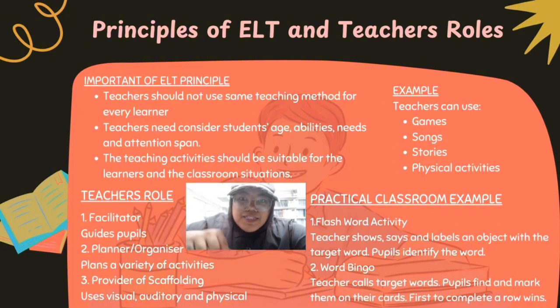Instead of making them sit and read for a long time, we can include games like songs, stories, or even physical activities to keep them interested. For me, this principle is important because every learner is different. As teachers, we need to be flexible and choose activities that actually suit our students rather than just following one method all the time. That's all for me.